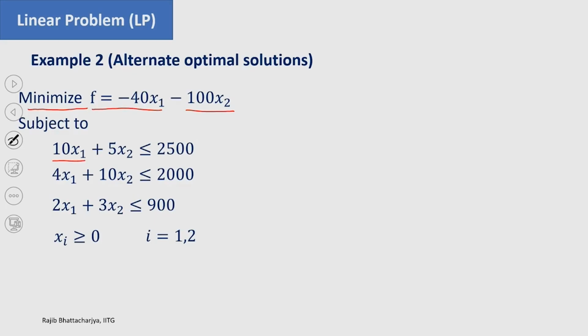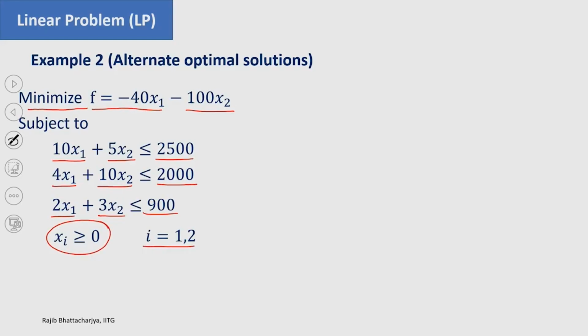The first one is 10 x 1 plus 5 x 2 less than or equal to 2500, 4 x 1 plus 10 x 2 less than or equal to 2000, twice x 1 plus thrice x 2 less than or equal to 900, and all x i are positive, i equal to 1 to 2.